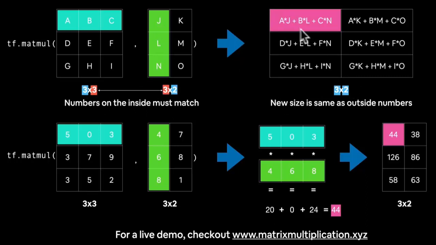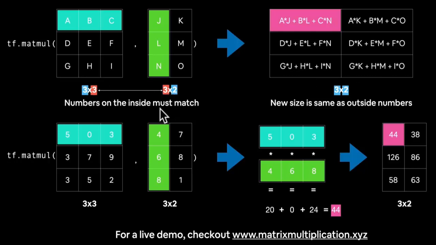And then we're going to result in here. If we did the dot product, which is the same as matrix multiply in TensorFlow, we have A times J plus B times L plus C times N, and then we follow through with that rule for every single element in these two tensors. And now the new size is 3 by 2. 1 row, 2 row, 3 row, 2 columns, which is the blue numbers here.